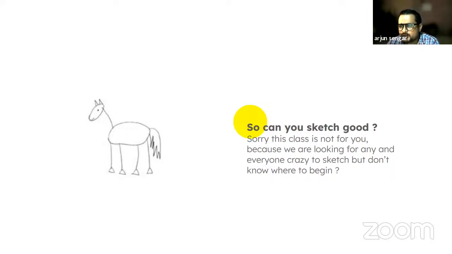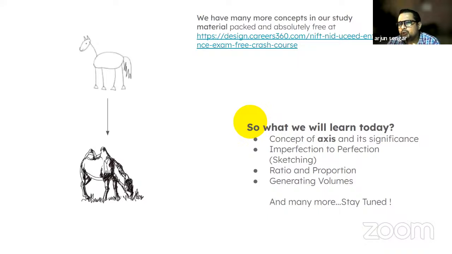If you are someone who is fearful and you don't know how to begin with an idea which is already in my mind, but I don't know how to depict it, then today's class is aimed for anyone who is living with the same. So guys, what we are expecting here is your transformation journey from imperfection to perfection. And there is a chronology of steps which you have to follow.